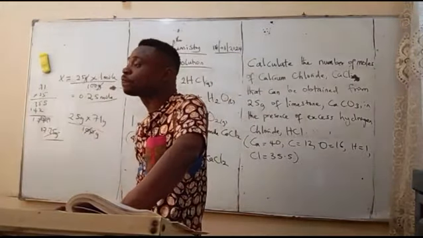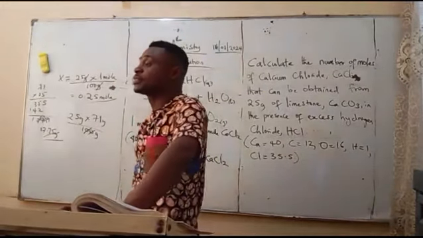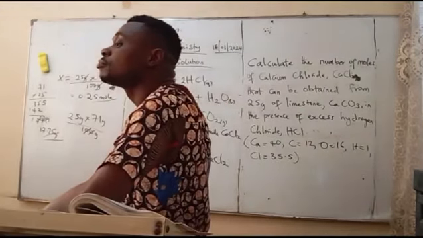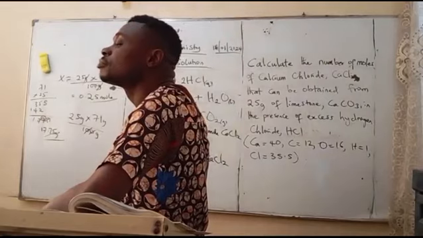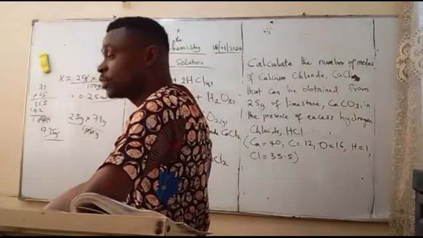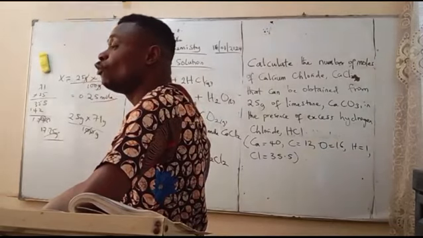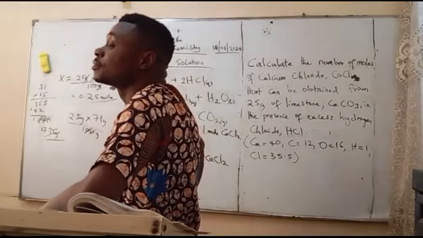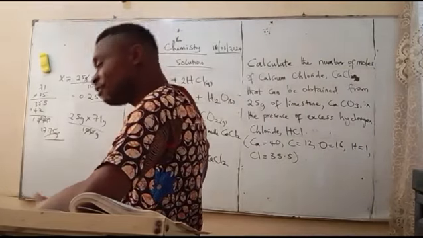Which one should be the molar mass for calcium chloride? Molar mass is 71. So which one should be the reactive mass? 17.75. Then find the number of moles.